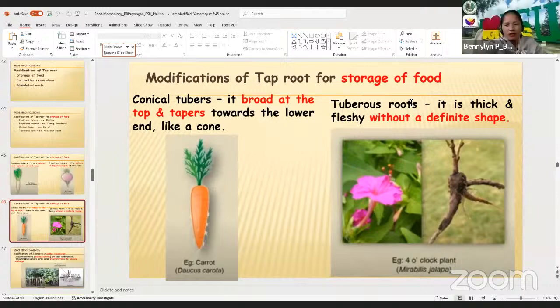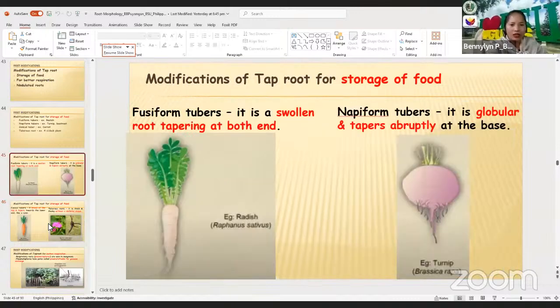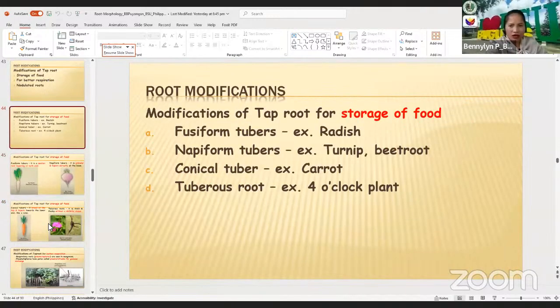For tuberous roots, it is thick and fleshy without a definite shape, like the 4 o'clock plant or Mirabilis jalapa. So there is no definite shape. So those are the storage of food modifications of taproots: fusiform, napiform, conical, and tuberous roots.